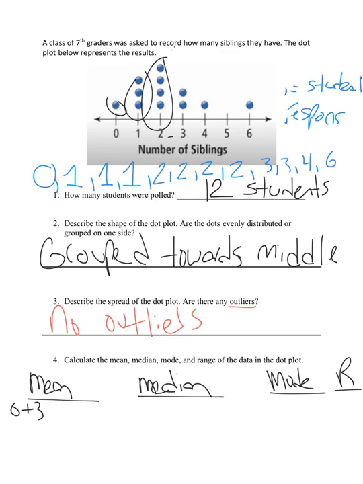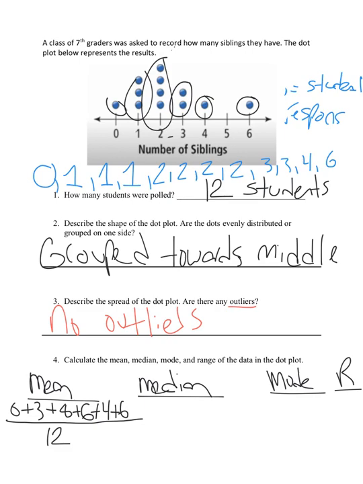That tells us that's really plus 8. 2 dots on 3. That would tell us really 6. 1 dot on 4 plus 4. And 1 dot on 6 plus 6. And once again, we know there's 12 dots. 12 students were surveyed. So that's one way you can use a dot plot.